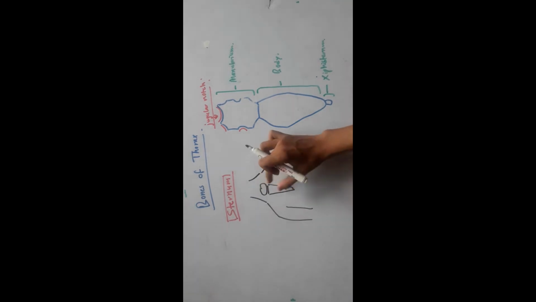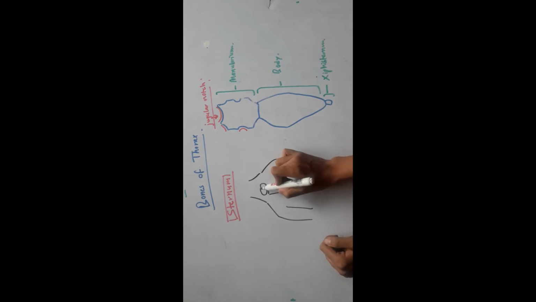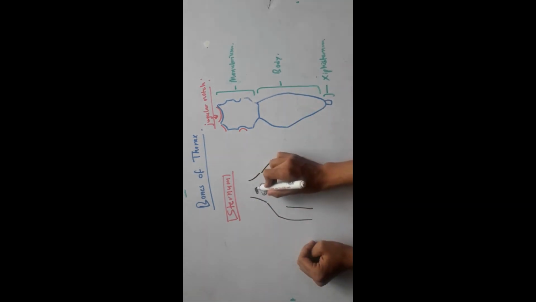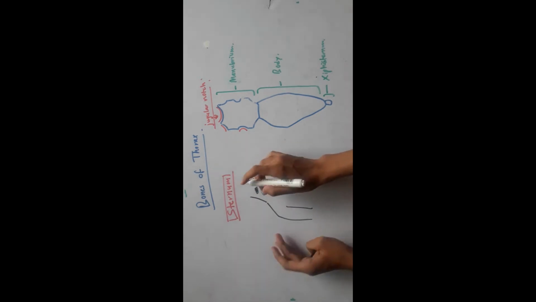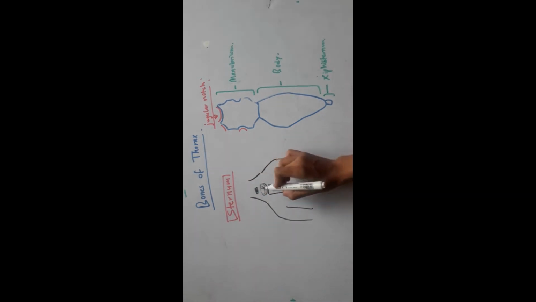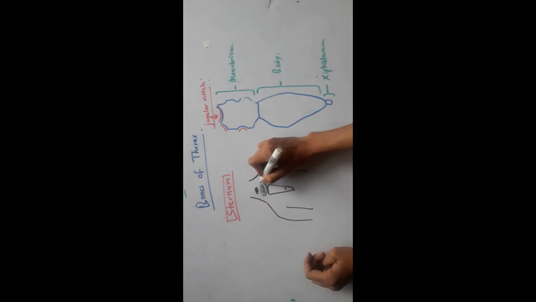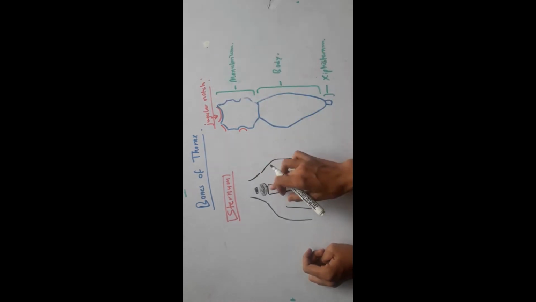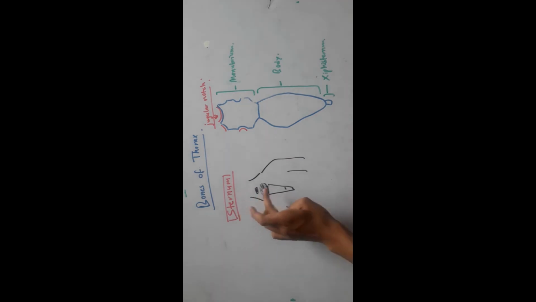The bone is here, and right above the bone there is a depression. There is an Adam's apple if you're a guy, and below the Adam's apple there is a subtle depression. This depression corresponds to the jugular notch, right below the neck, at the origin of the neck. So this is the jugular notch.